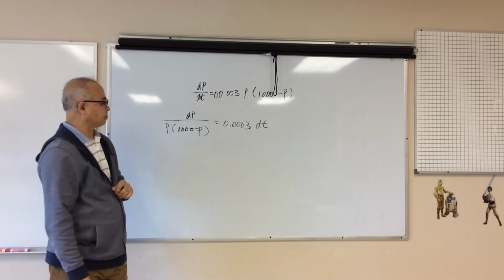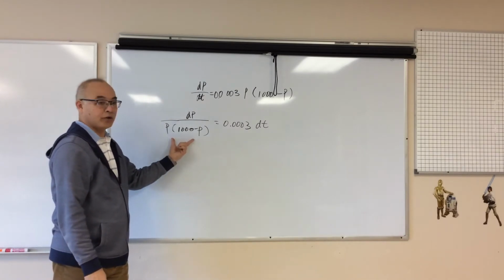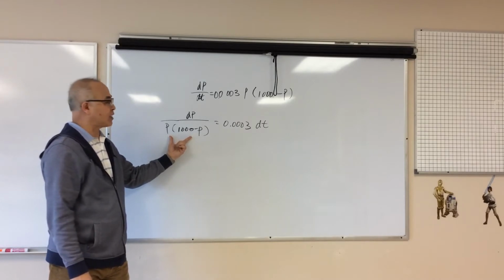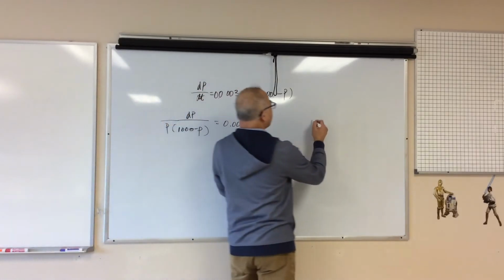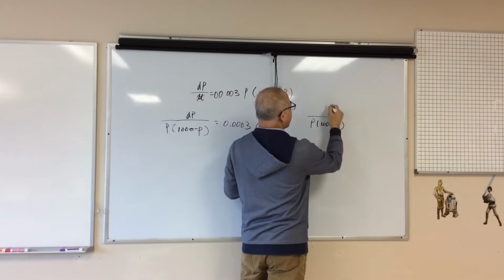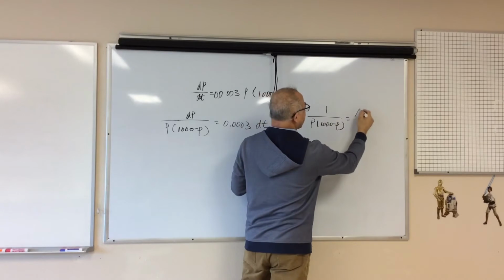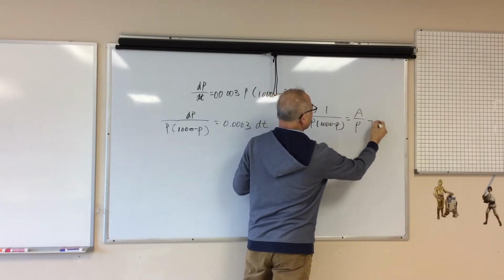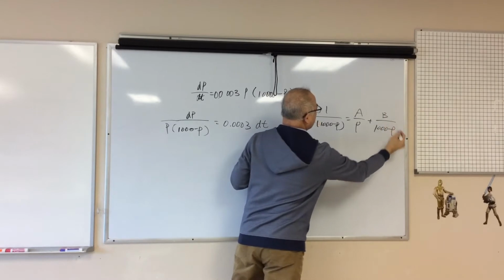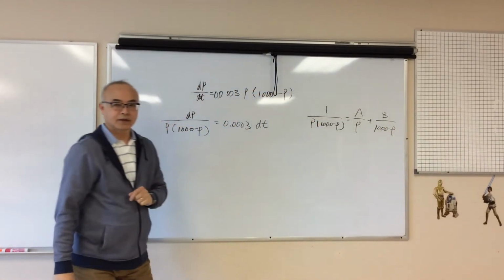Again, I want to make this into a partial fraction, so I want this to look like A over P plus B over (1,000 minus P).